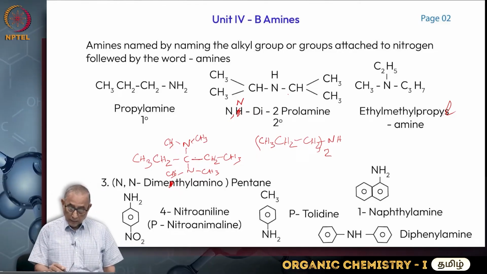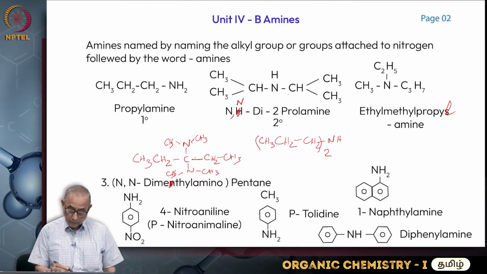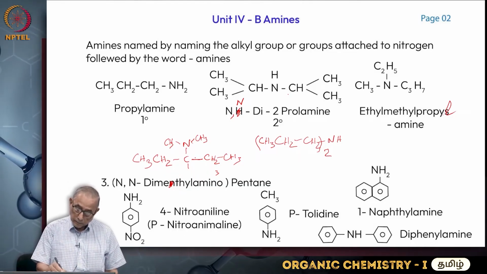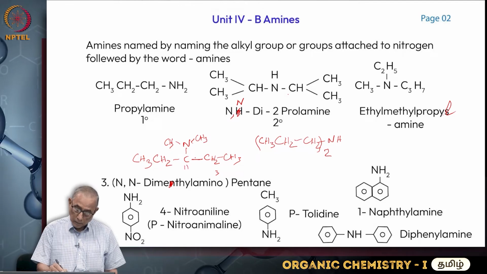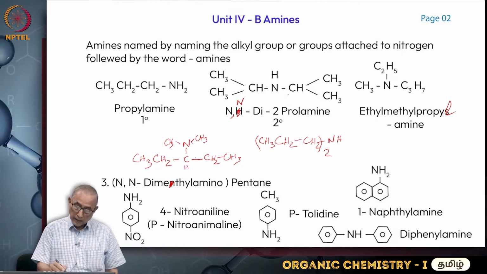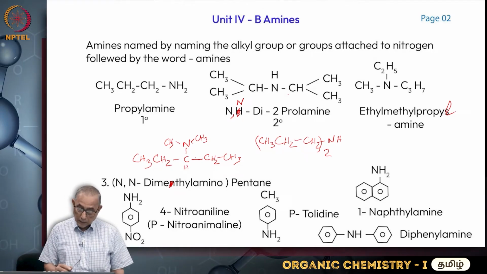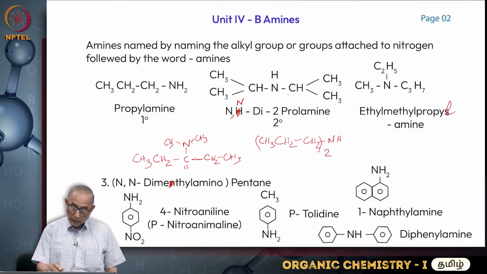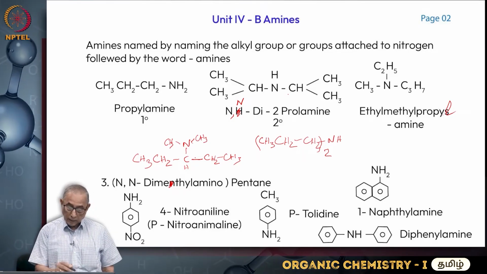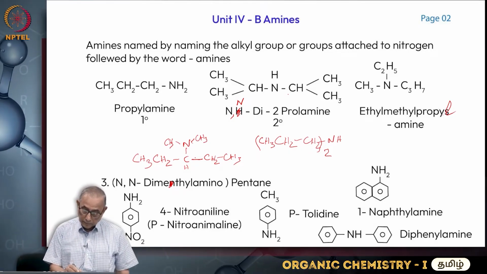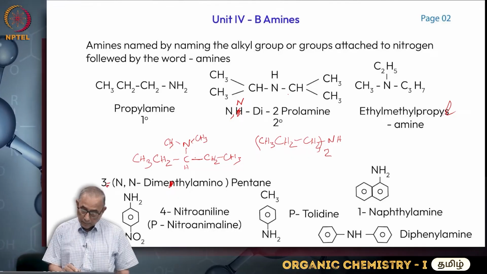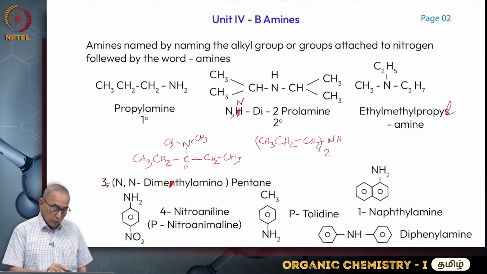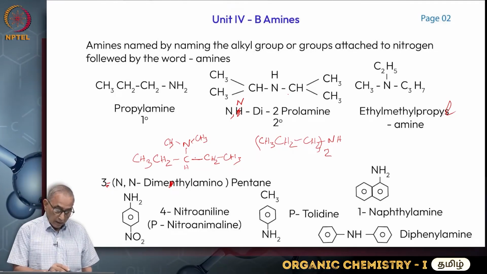This N,N means on the nitrogen you have two methyl groups. The dimethylamino group is attached to the 3 position of the pentane. So this is 3-N,N-dimethylamino pentane. With an NH2 group attached to an aromatic ring, this is called aniline.